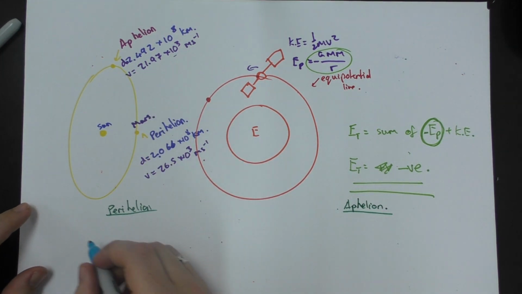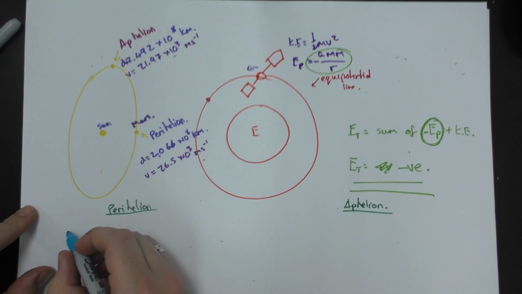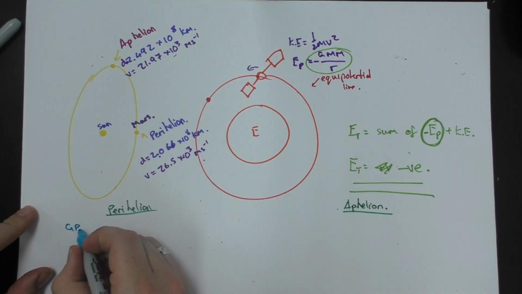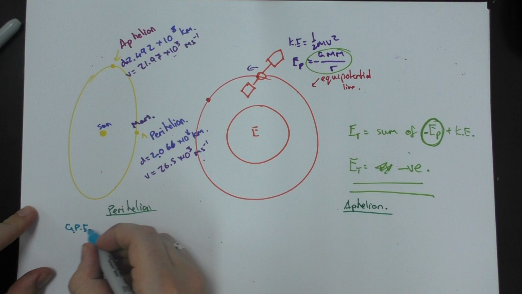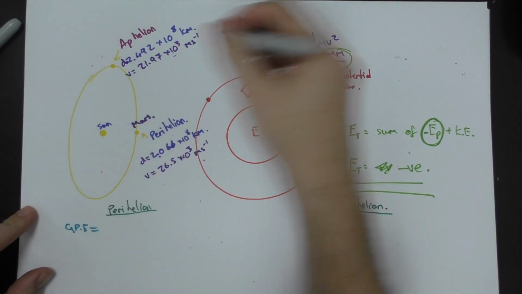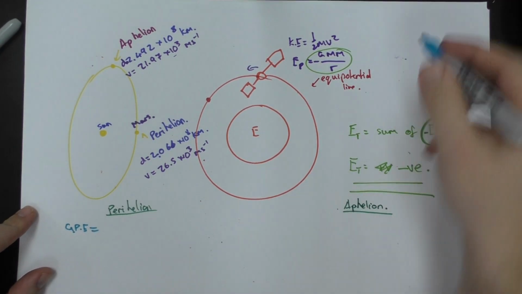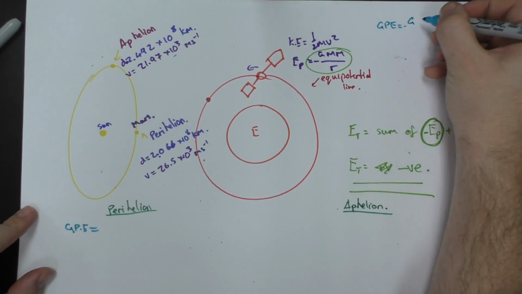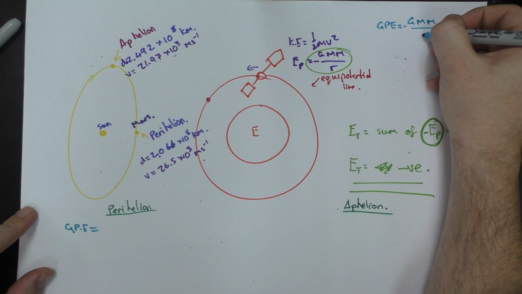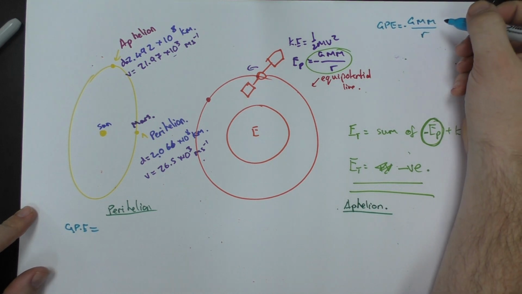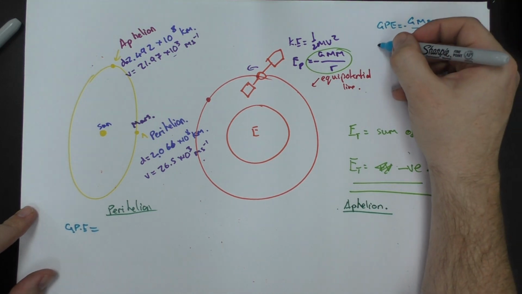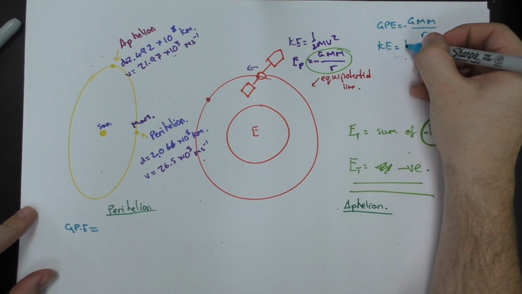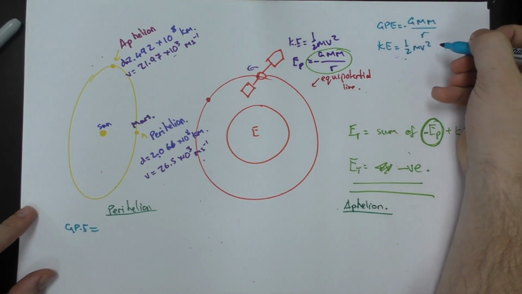So let's look at some of the math that we can do to prove that. So GPE is equal to, and I'll write the equation up here because it's going to be the same for both, negative GMm over r. And the kinetic energy is a half mv squared.